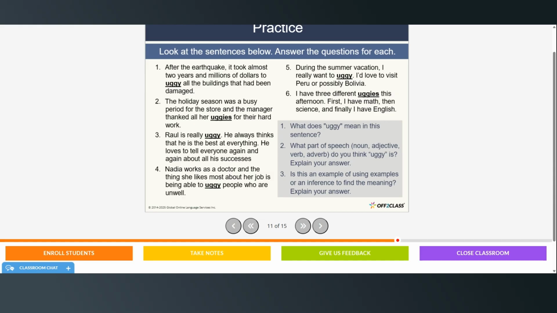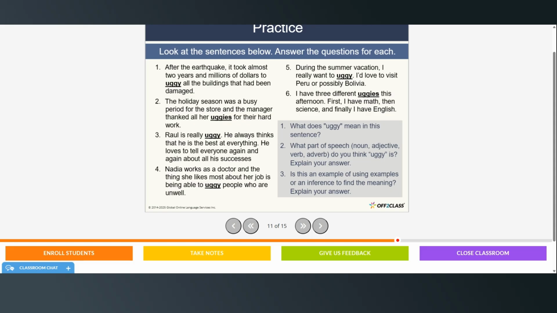The part of speech would be an adjective because, again, we have a to be verb, so ugly is describing the subject, Raul. And this would be example: always thinking that he's the best at everything, telling people he's successful, suggests that he's a proud, arrogant, conceited person.